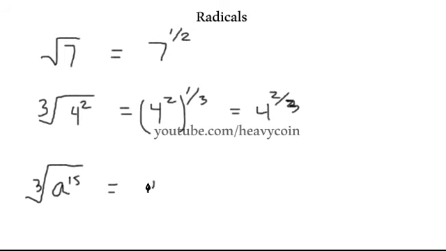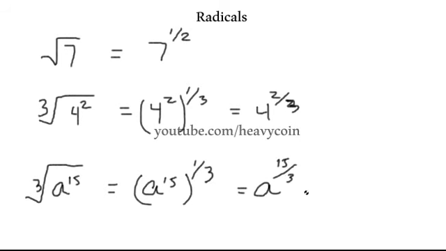This one is a to the 15th, all raised to the 1/3, but we want to multiply our exponents, so this becomes 15 over 3. But you know what? We could actually reduce that down, 3 goes into 15 5 times. Alright, so there's the answers to that. There you go.